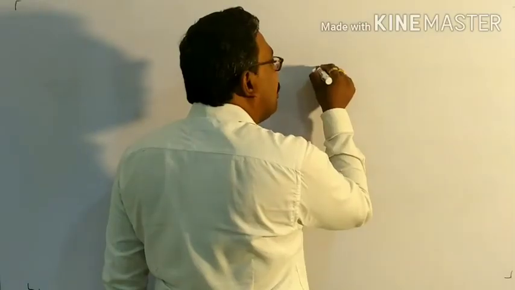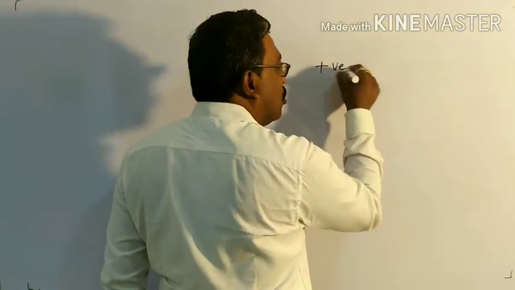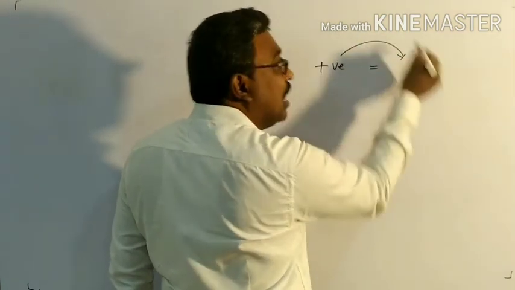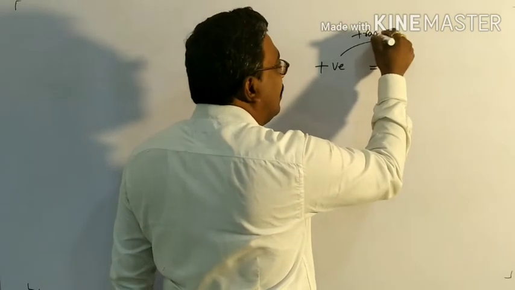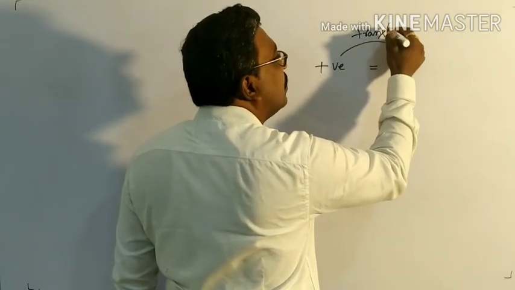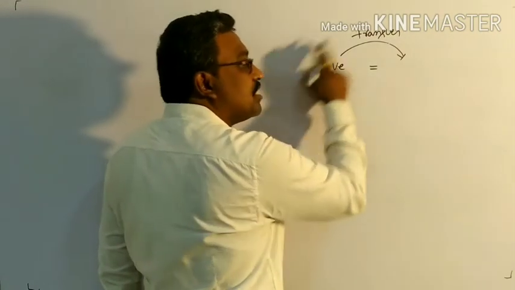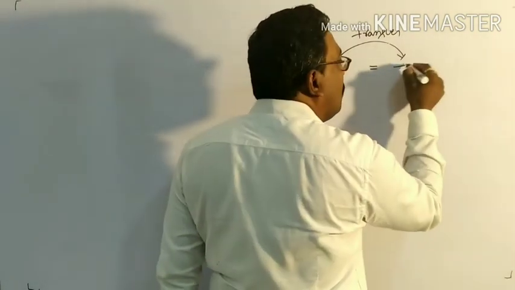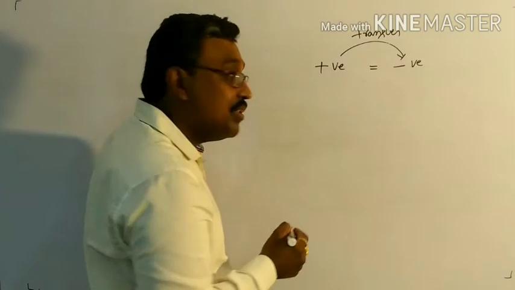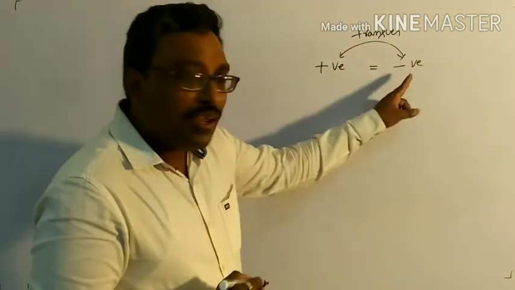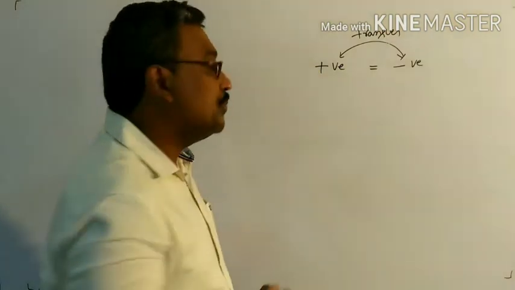Okay, a positive quantity transferred to the other side of the equals sign becomes negative. If a negative quantity is transferred to the other hand side, it becomes positive.